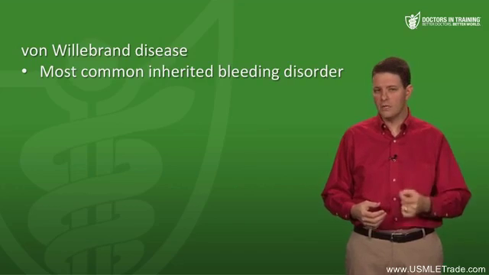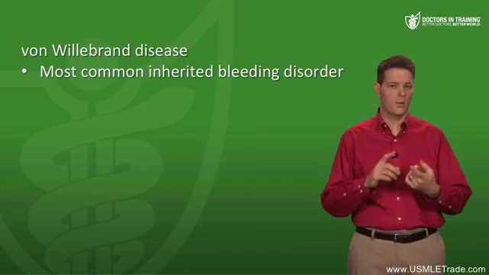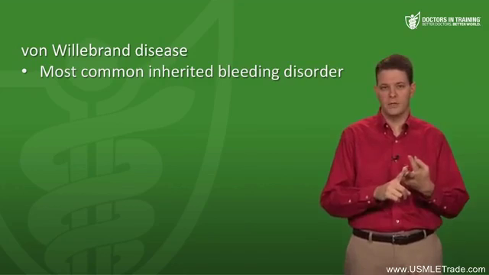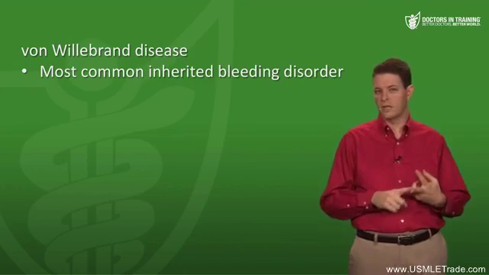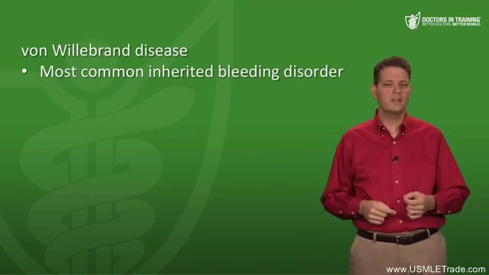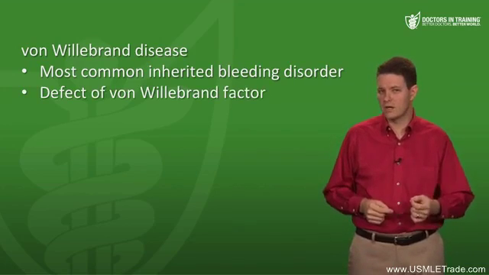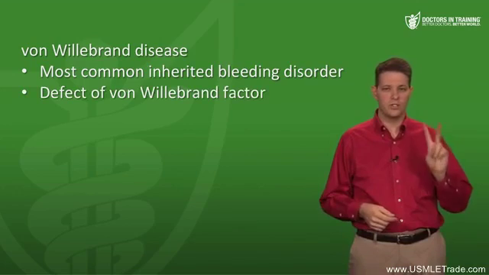These are diseases that affect both the platelets and the coagulation cascade. Let's start with von Willebrand disease, which is the most common inherited bleeding disorder. It's more common than hemophilia. It's much more common than those other hereditary bleeding disorders we talked about, like Glanzmann thrombasthenia or Bernard-Soulier syndrome. So von Willebrand disease is a defect of von Willebrand factor. We talked about how von Willebrand factor does two things.